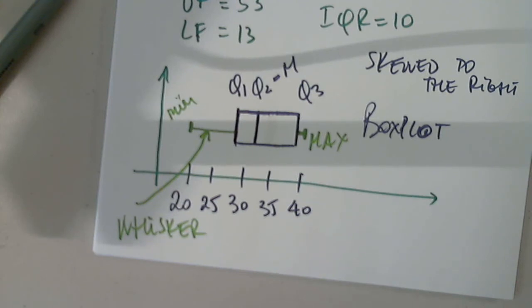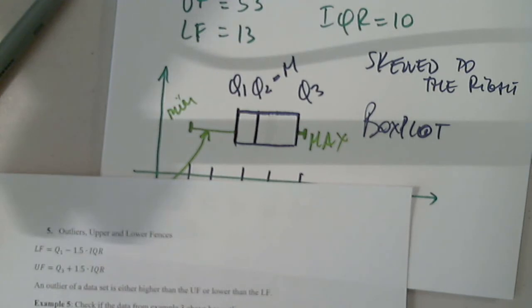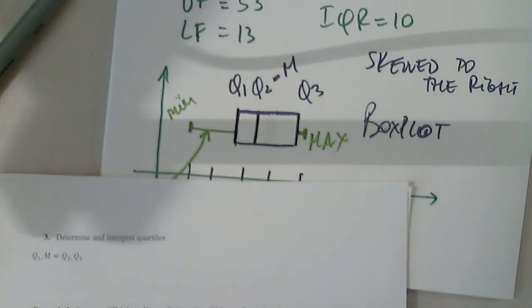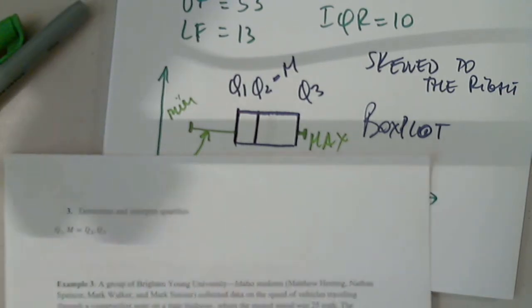I'm going to go to a new data table. What do we want to call the variable? It's about speed. I'm going to call it speed. Okay, that's my data set.